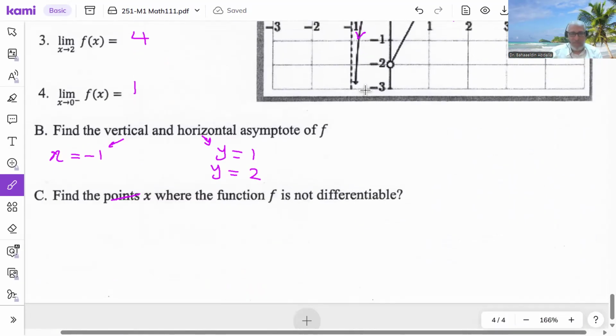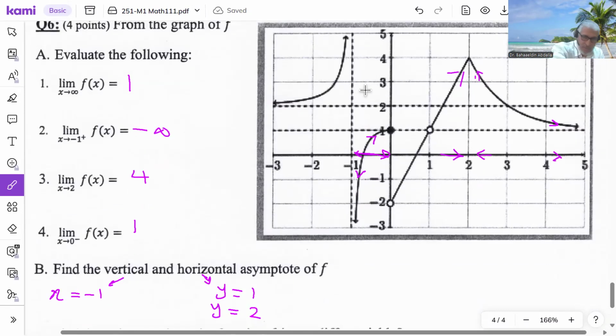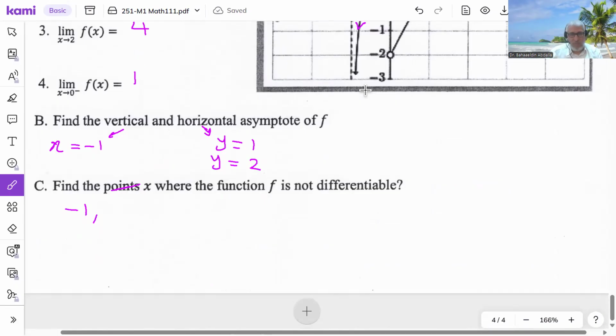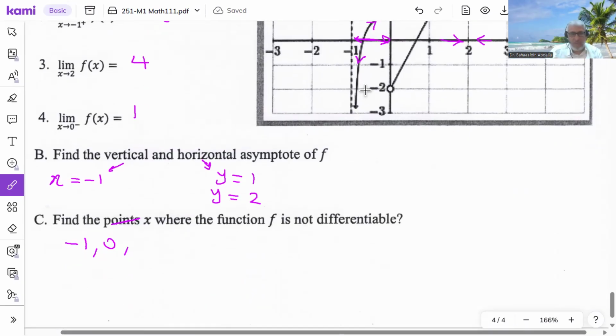So it is not differentiable there. At 0, the function again is not continuous. So at 0 also the function is not differentiable. At 1, the function is not defined, so it's not continuous. So it's not differentiable at 1.